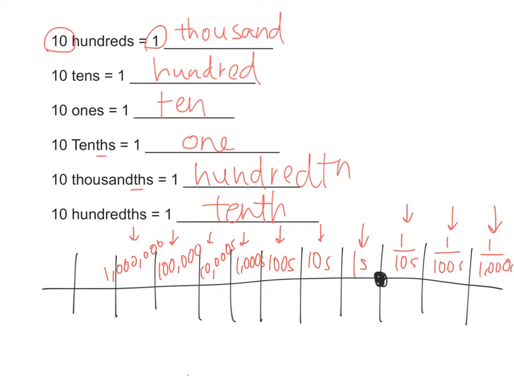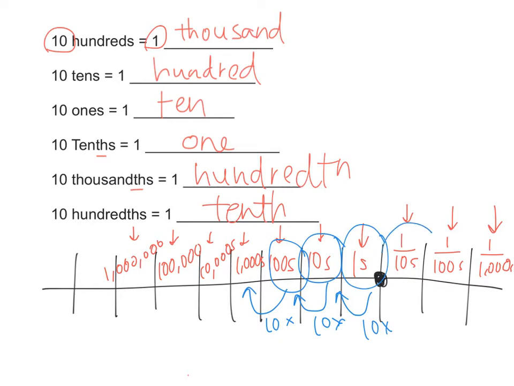Okay. Now, looking at how our goal today is being able to explain how place values are related to each other, my question to you is this. Up here we said that 10 hundreds equals 1,000, right? It would take 10 hundreds to have 1,000. We also said it would take 10 tens to make 100, and 10 ones to make 10.